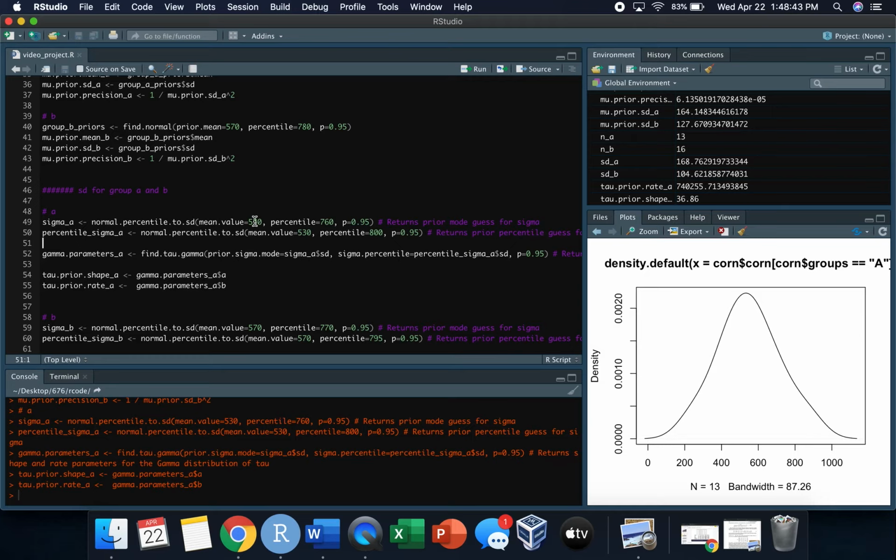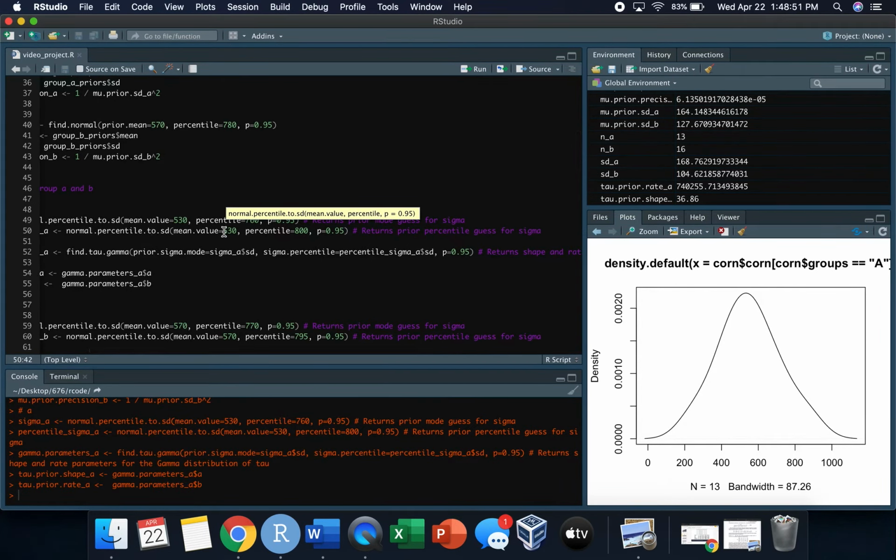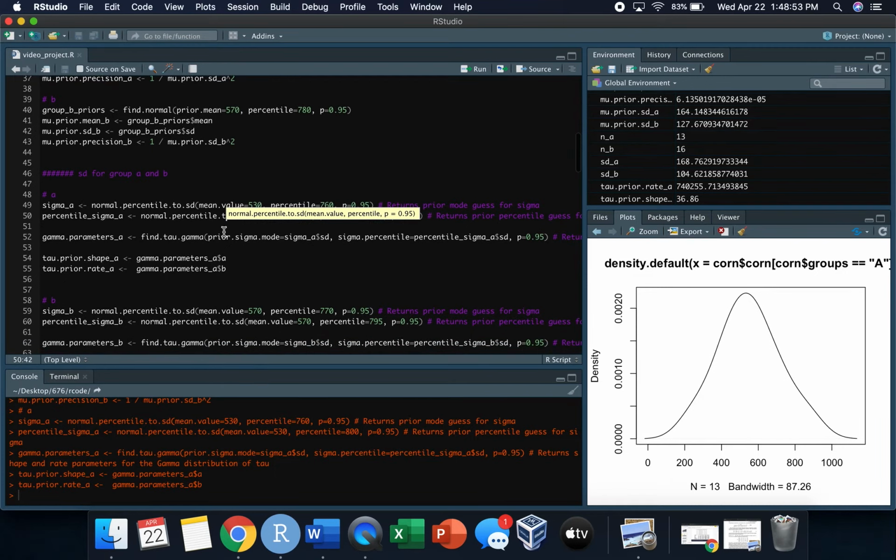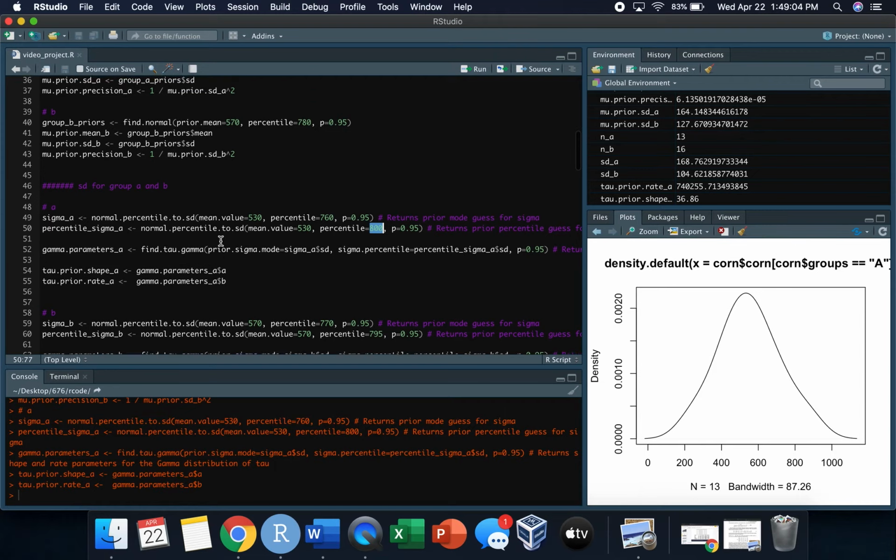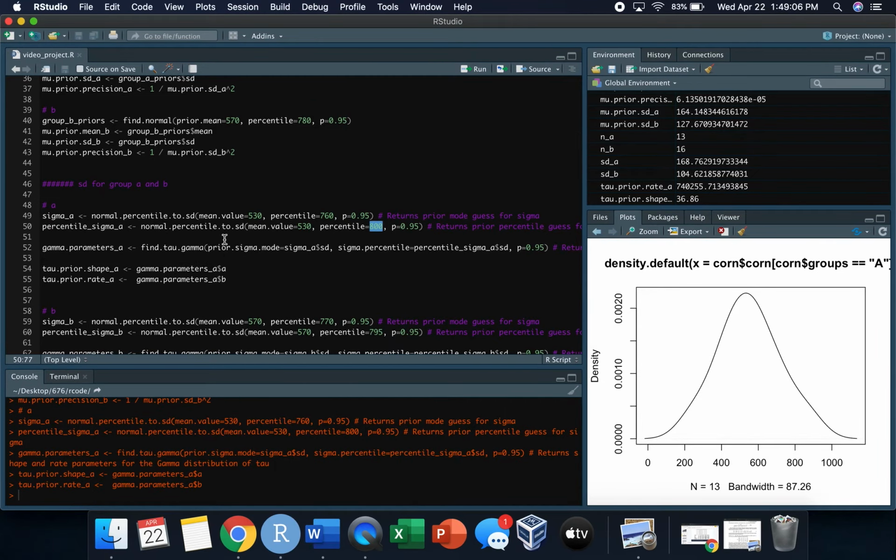Okay, so you provide a mean value and a percentile given whatever p you want, and then this second one is returning the prior percentile guess for sigma. So the percentile guess, not the best guess. So we say it's the same mean as before, but it's just a little bit higher since it's the 95th percentile of the percentile. And this is the main function using the results from here.